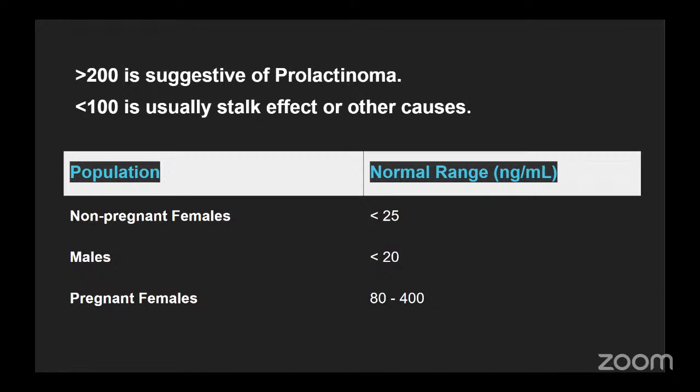More than 200 is suggestive of prolactinoma. If it goes above 400, then it is definitively diagnostic for prolactinoma. Between 25 and 100, it is either stalk effect or there are other causes like some drugs, cimetidine, etc., that might be mimicking the effect of prolactin.